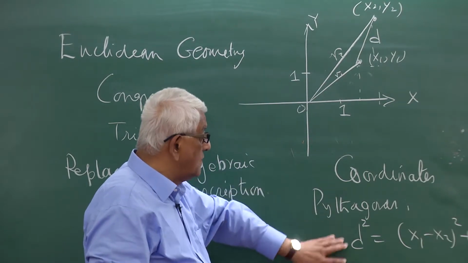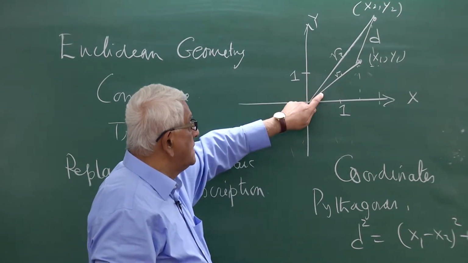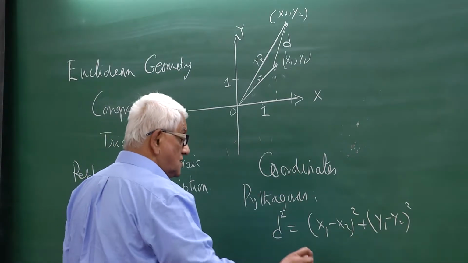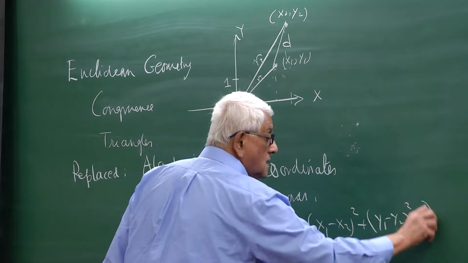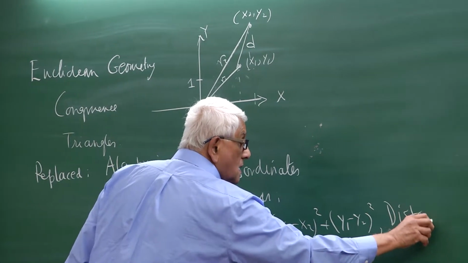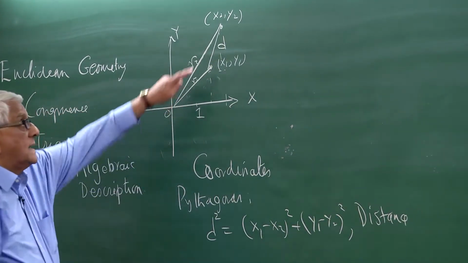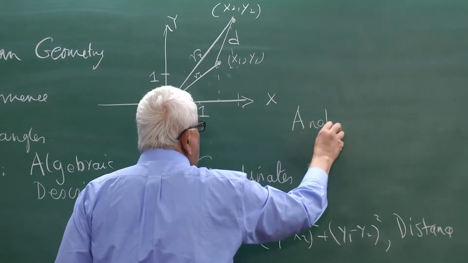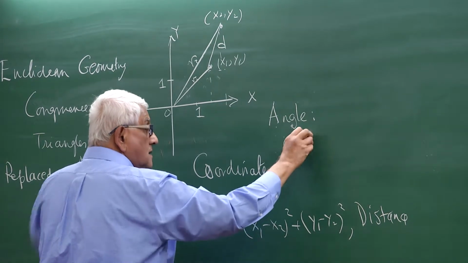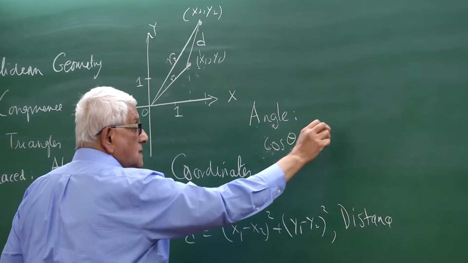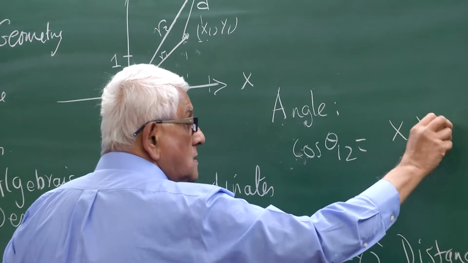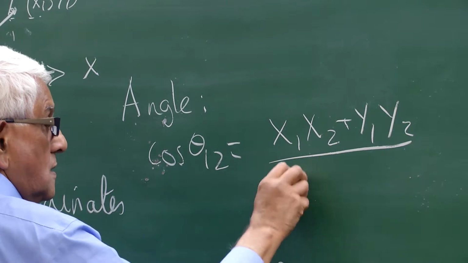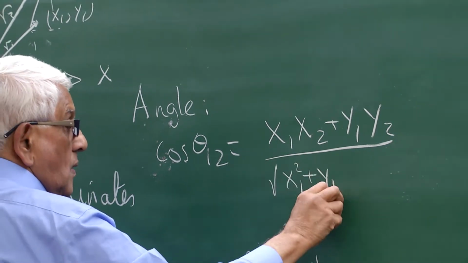So, we can find the distance and we can find the angle between these two lines. So, this is the distance between these two endpoints, and we can find the angle as cosine theta 12 is (x1 x2 + y1 y2) over square root of x1 squared plus y1 squared.